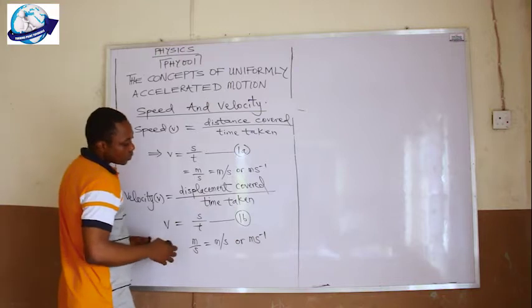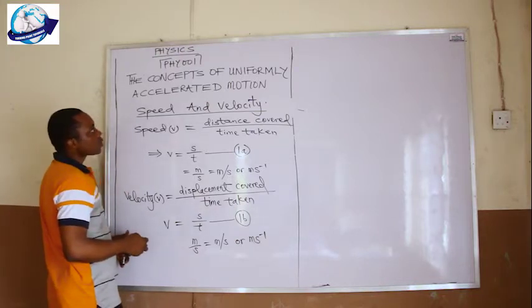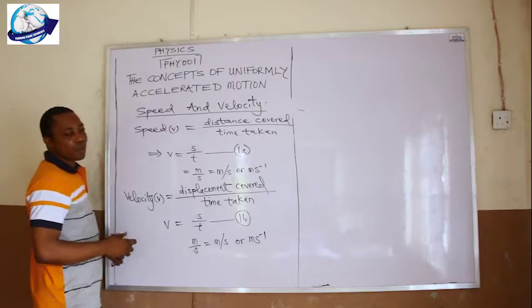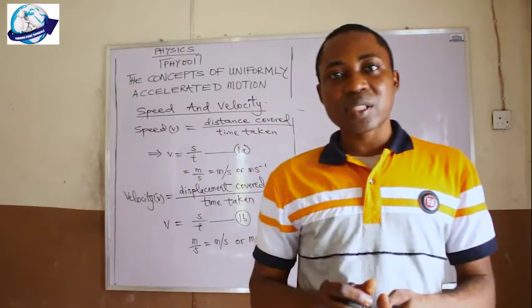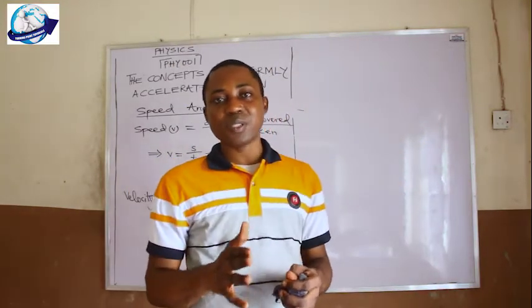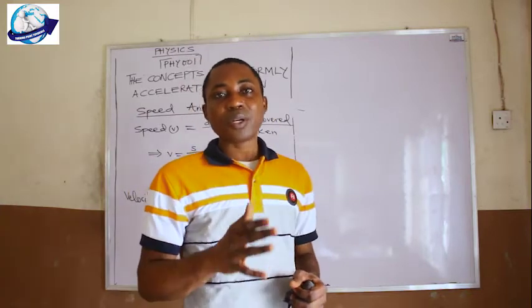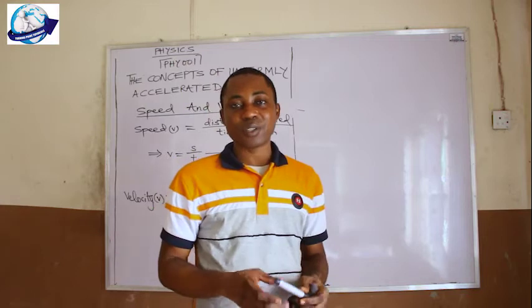Let's come back to the next aspect of the concept of uniform acceleration. We've talked about distance versus displacement, and speed versus velocity. But we cannot just go to the next concept if we don't look at other aspects of velocity.